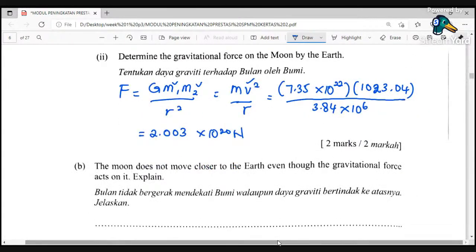Okay, part B: the Moon does not move closer to the Earth even though gravitational force acts on it. Explain. Okay, kenapa?